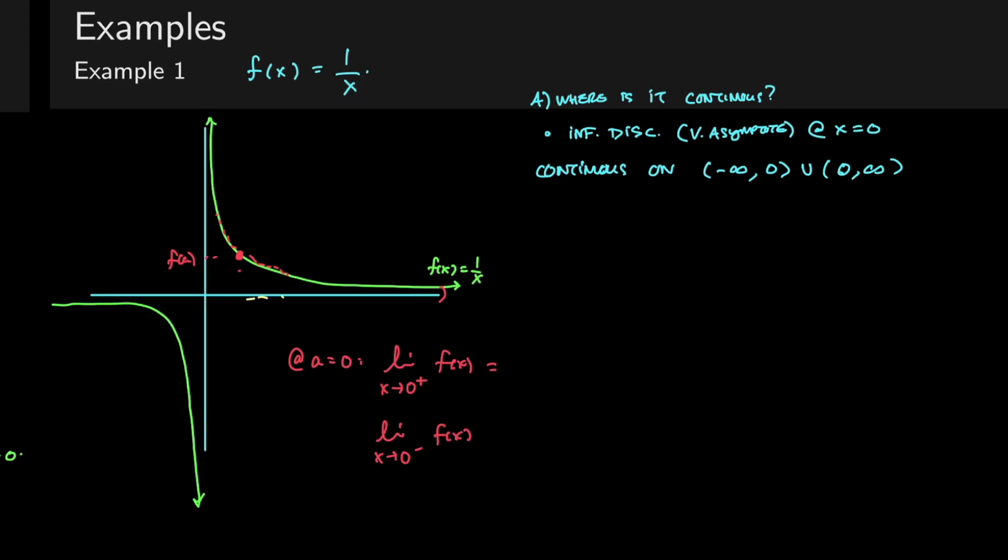As we approach it from the right, it blasts off to positive infinity. And as we approach it from the left, coming in over here, the function blasts off to negative infinity. So since the left limit does not equal the right limit, we say the limit does not exist here.